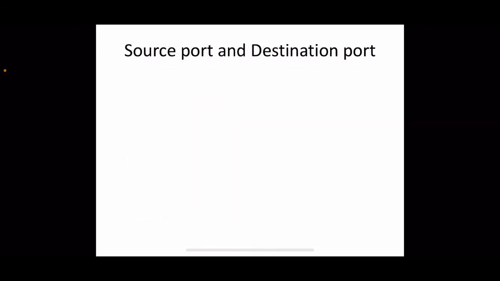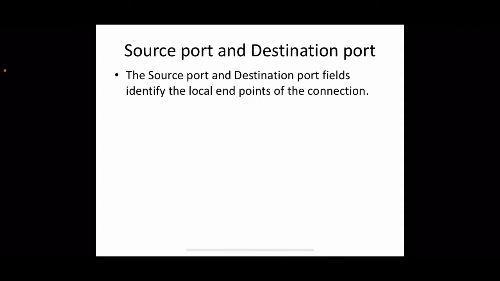The first fields are the source port and destination port numbers. Those are the local endpoints of the connection. A TCP port number plus its host IP address forms a 48-bit unique endpoint, that is a socket. The source and destination endpoints together identify each and every connection.